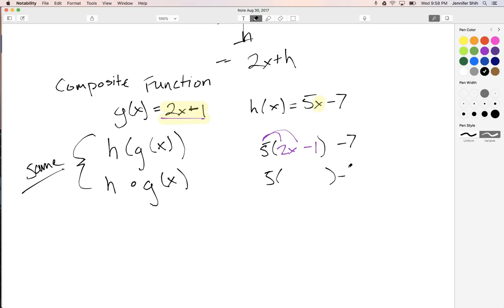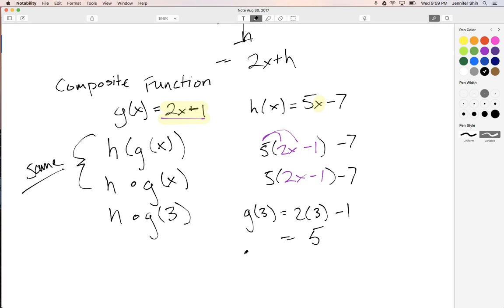Okay. And if I gave you h of g of 3, what I like to do is evaluate g of 3 first. So instead of x, I replace 3.